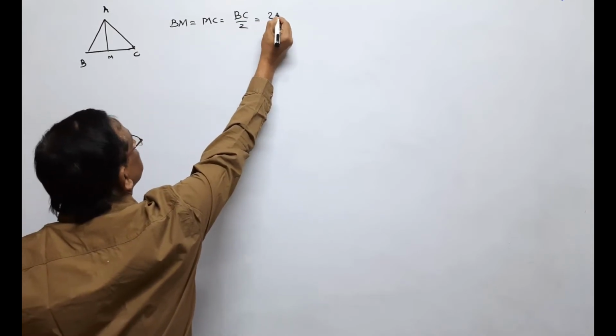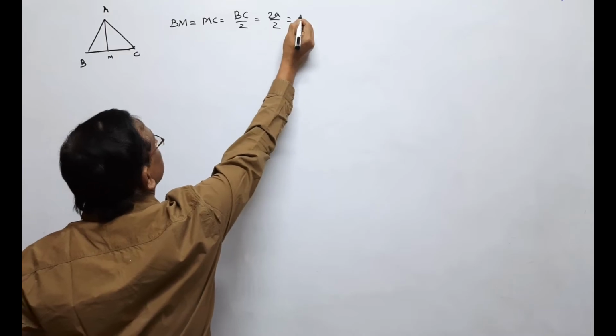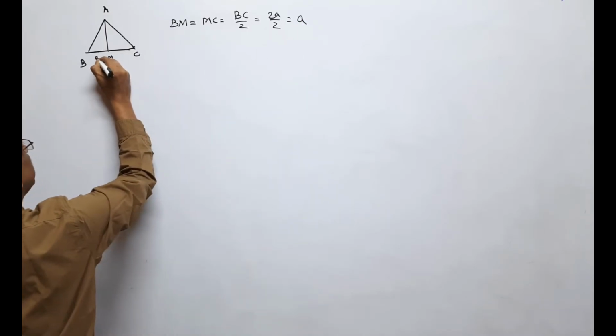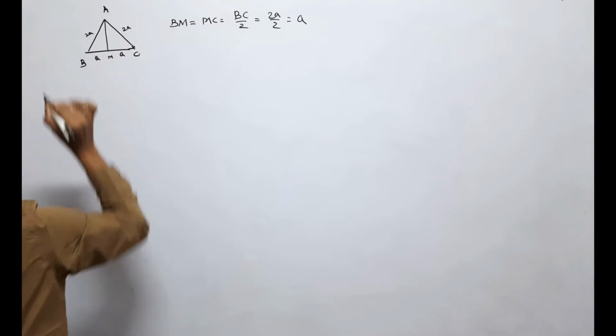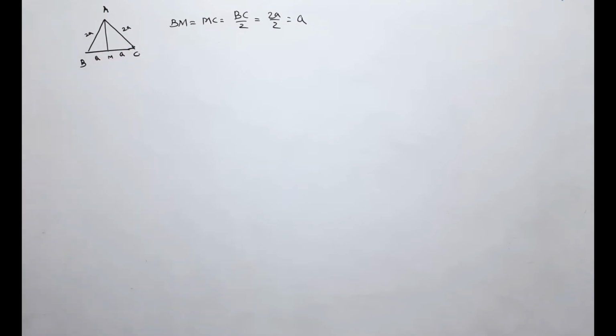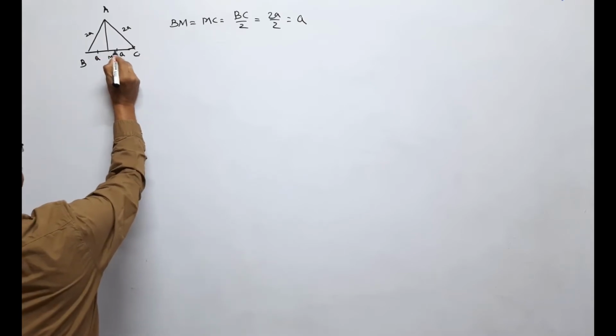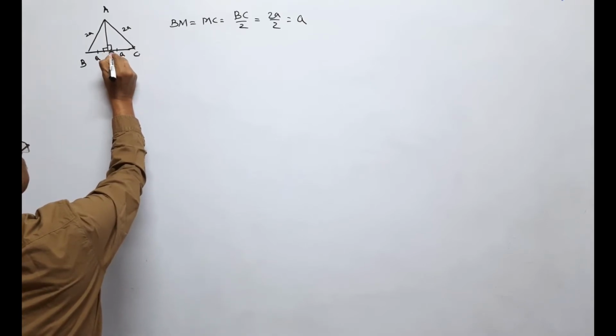So I'm assuming BC is 2A, 2A by 2 is A. So this will be A, this is A, this is 2A, 2A. The property of an equilateral triangle. Now, these two are equal, this is 90.